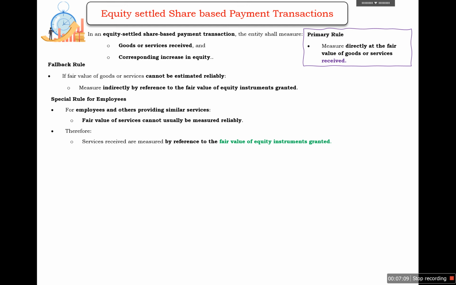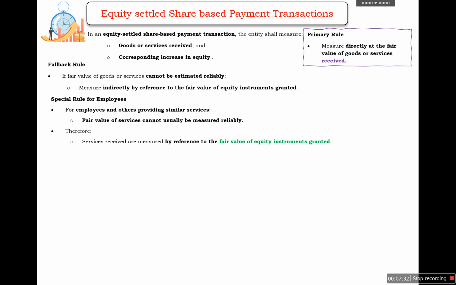In the case of employees, as the services provided by the employee cannot be measured reliably, we need to give reference to the fair value of the equity instrument granted. So there is an exception to the main rule: first we have to measure the fair value of the goods and services received.